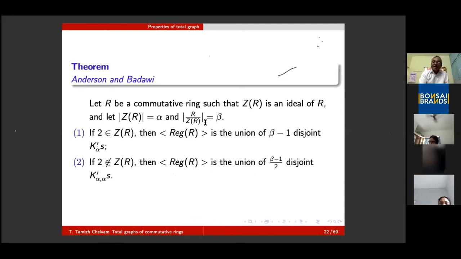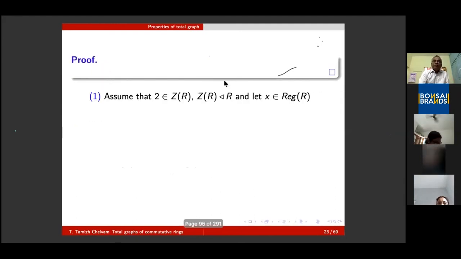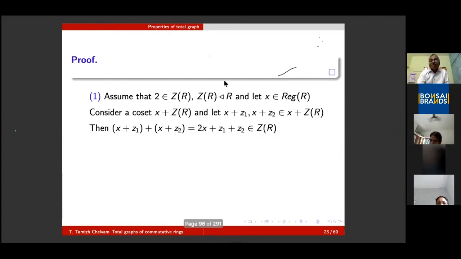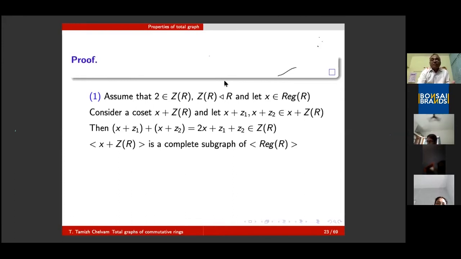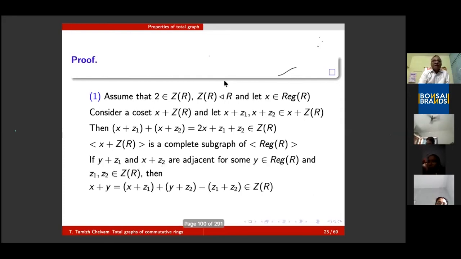So the remaining beta minus 1 non-trivial cosets are there. Each of the remaining beta minus 1 non-trivial cosets induces one complete subgraph. Already Z of R is also inducing a complete graph. Therefore, they are inducing k complete subgraphs.